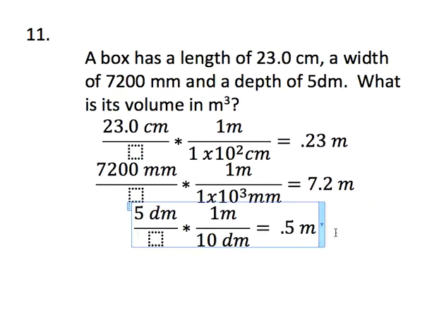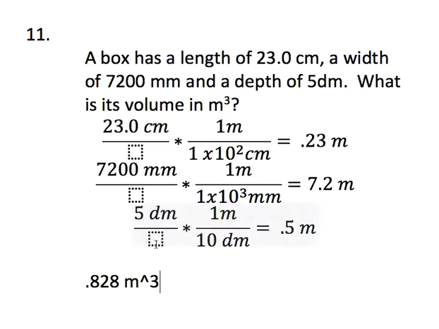All right, now that I've got all of them converted, all I have to do is multiply the 0.23 times the 7.2 times the 0.5. And that gives me a volume of 0.828 meters cubed.